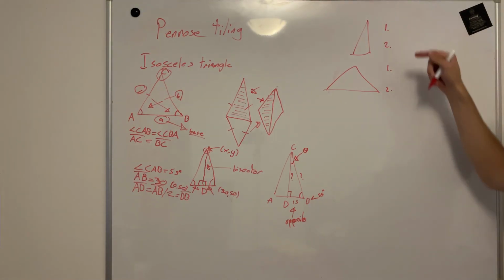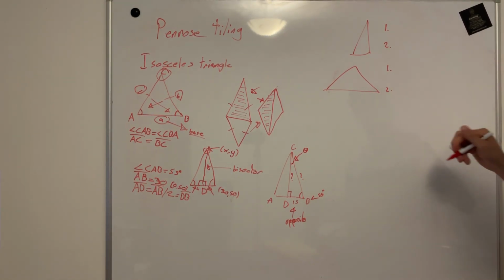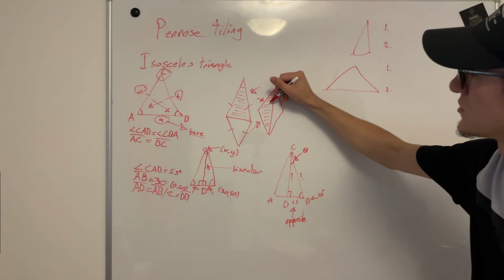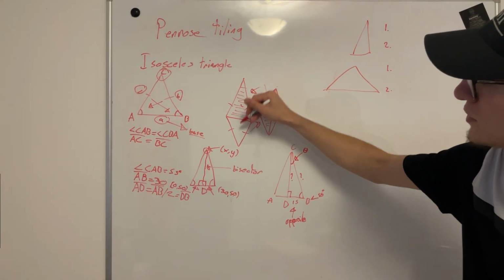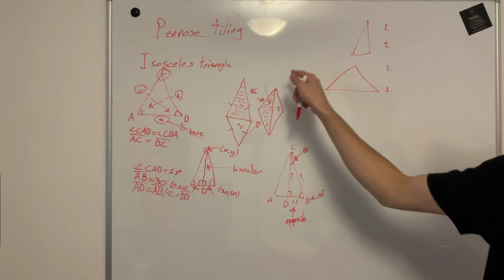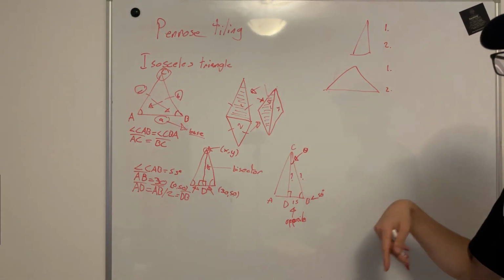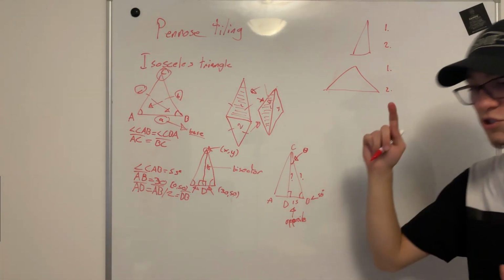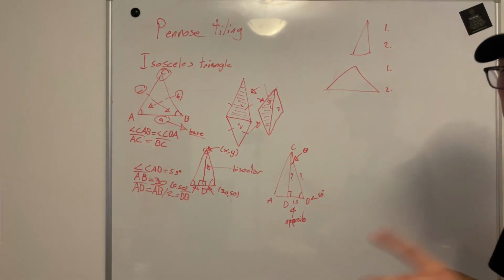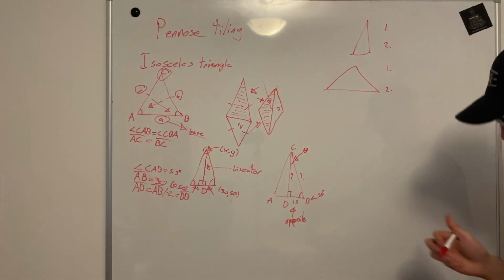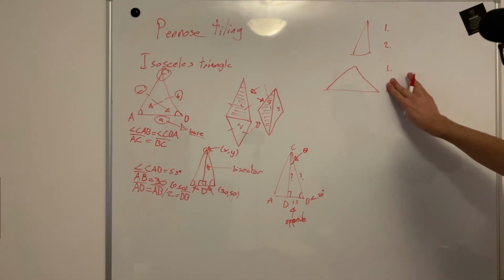So there's two substitutions for each of them, right? So in this case, let's say this one is 1, and this one is 2, and this one is 1, and this one is 2, right? So the one that is lined is 1, and the one that isn't is 2. We're gonna get there. So let me draw all of them.